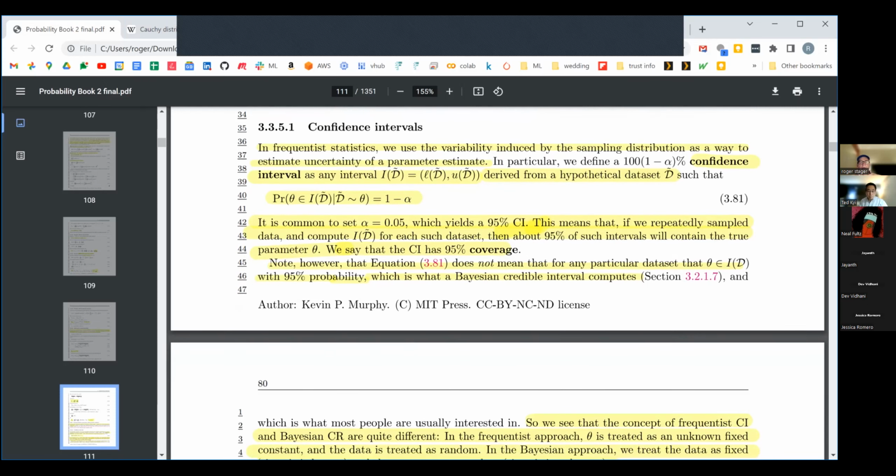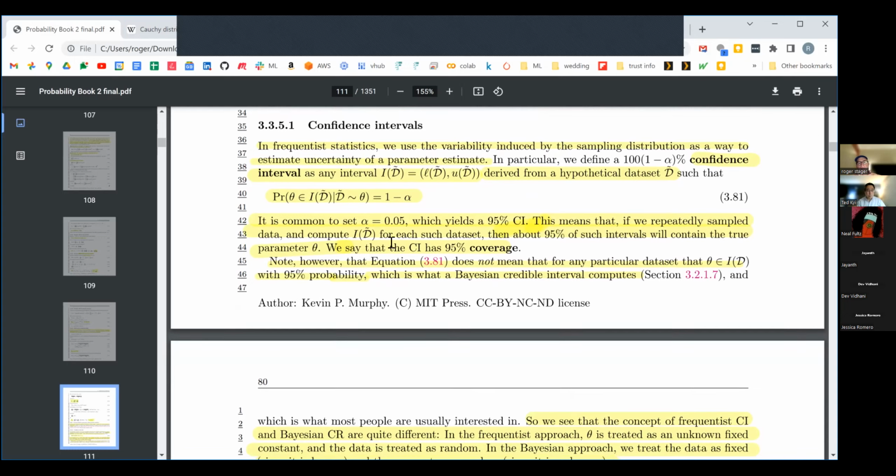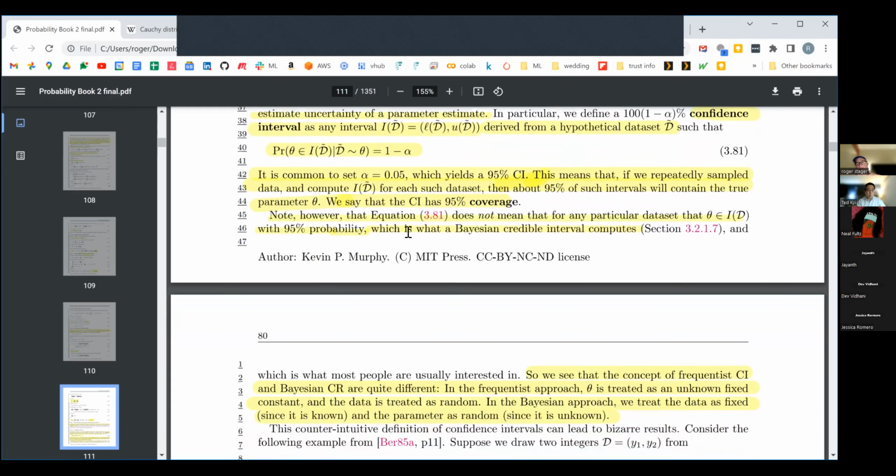Yeah, I was just saying that lines 43 and 44 say what somebody said earlier, right? That 95% of such intervals will contain the true parameter theta. And then he expresses it as, however, it doesn't mean that any particular data set has theta within the interval with 95% probability, which is the other.